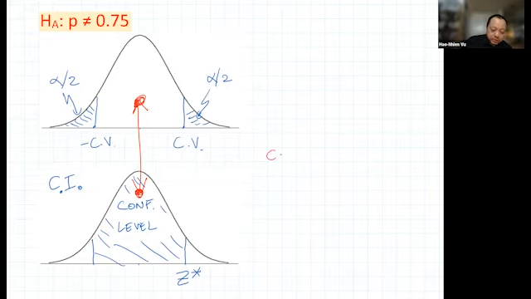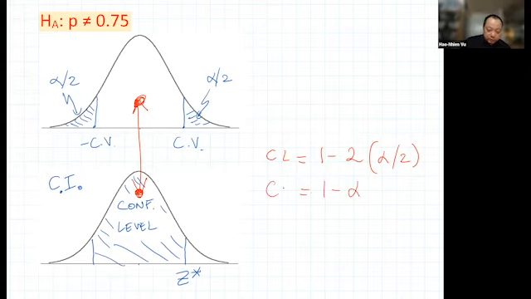Therefore, the confidence level is equal to that white area, which is 1 minus the two tails. Each tail is alpha over 2. So it's 1 minus 2 times alpha over 2, or equal to 1 minus alpha. Confidence level is equal to 1 minus alpha for a two-tail test.